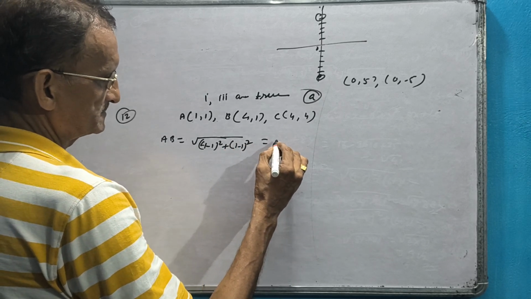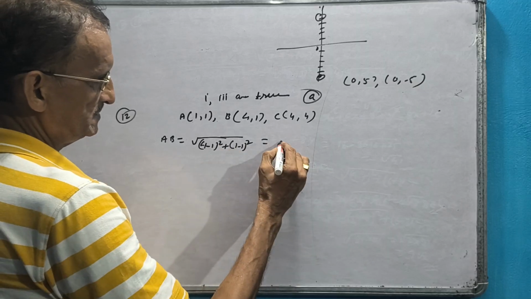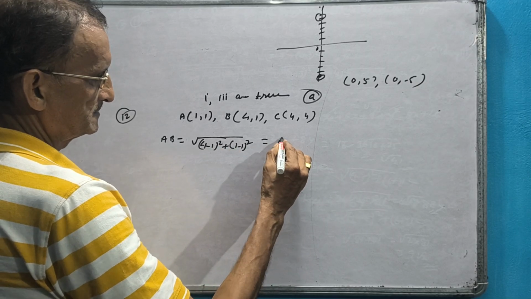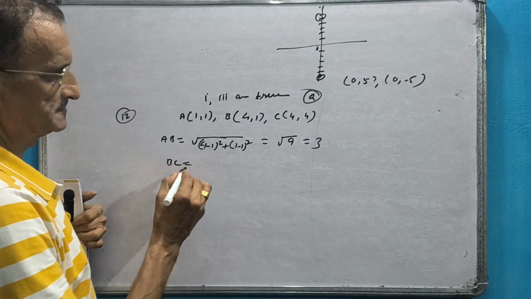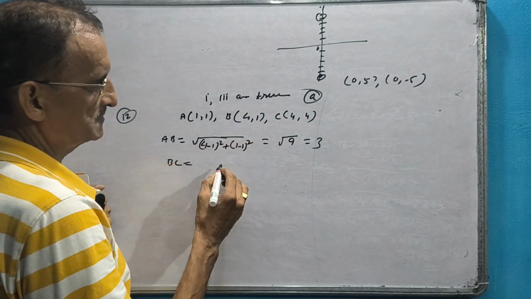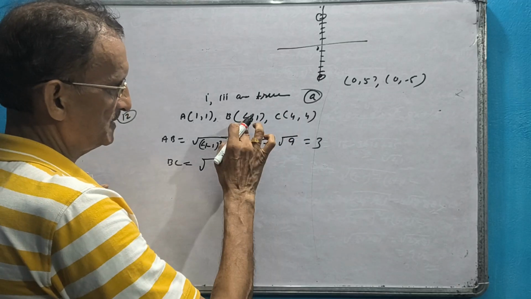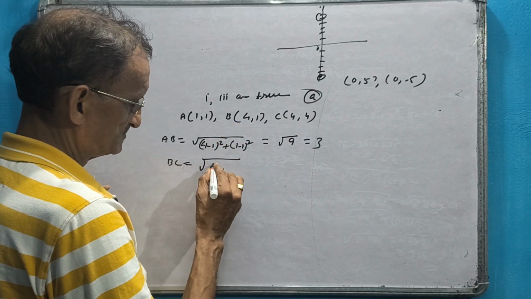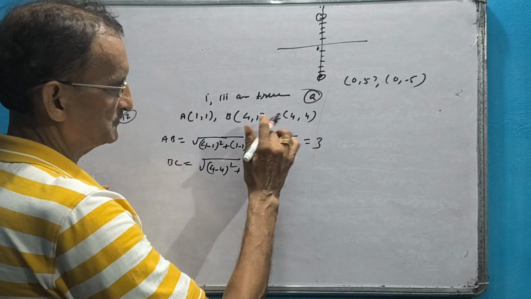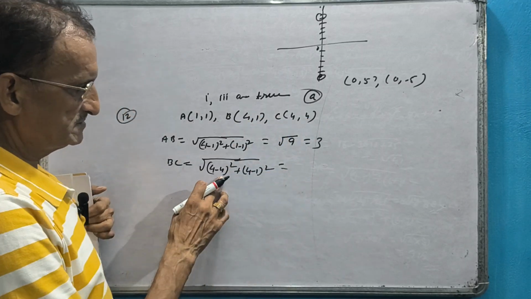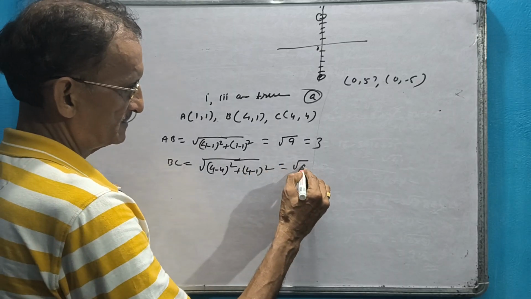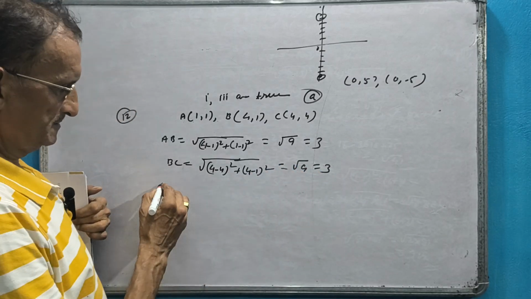How much will we get? This is 0, this is 3, square 9, root 9 is equal to 3. Now find BC. BC equals root of (4 minus 4) whole square plus (4 minus 1) whole square. How much will we get? 0 plus 3 square is 9, so it is equal to 3.